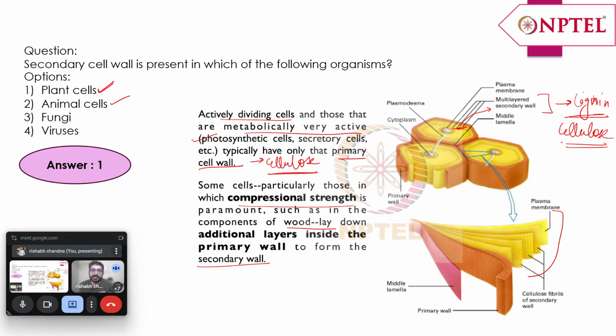So this is the major function of the secondary cell wall present in plants. Those differentiated tissues that are majorly involved in transport of molecules also have this secondary cell wall. Okay, so any doubts in this question?